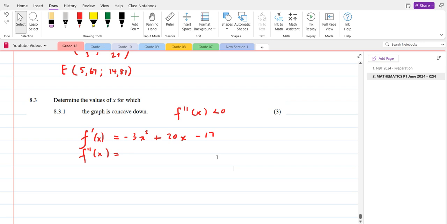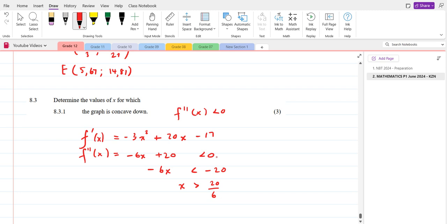this, right? So f double prime x will be minus 6x, 2 times minus 3 plus 20, and we're going to solve less than 0. So what we have, minus 6x is less than negative 20, so x is greater than 20 over 6.